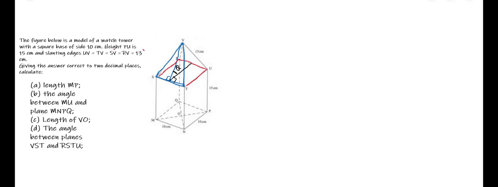So how do we get that angle theta? We have to draw a triangle, and the height of this triangle will be V. Let's call it O1, here Q, here L, and here Z. So we have triangle VLO1.